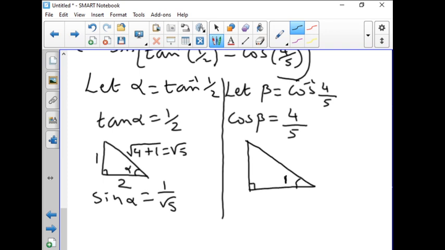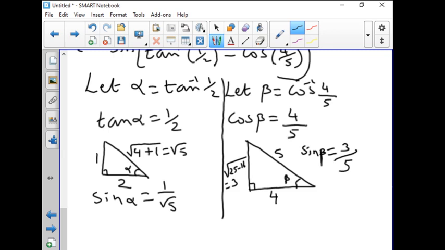So this is beta. So cos beta, therefore adjacent is 4, adjacent by hypotenuse, so this is 5. So what is this? Root of 5 square minus 16, which is 25 minus 16. So it is root 9. Root 9 is 3. Therefore, what is sin beta? Sin beta is equal to 3 by 5.